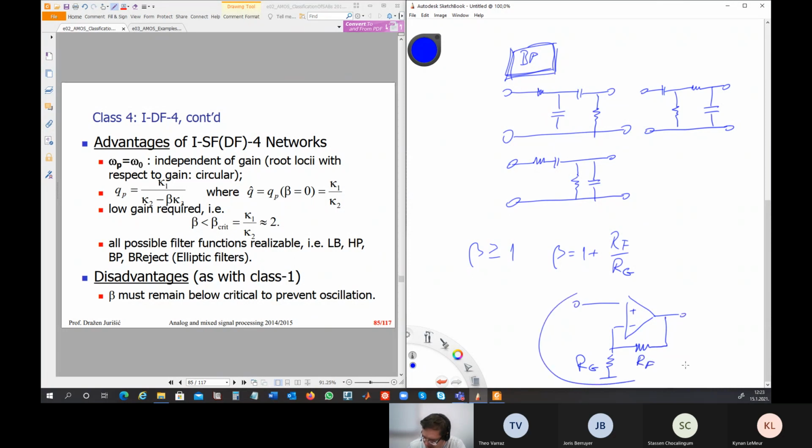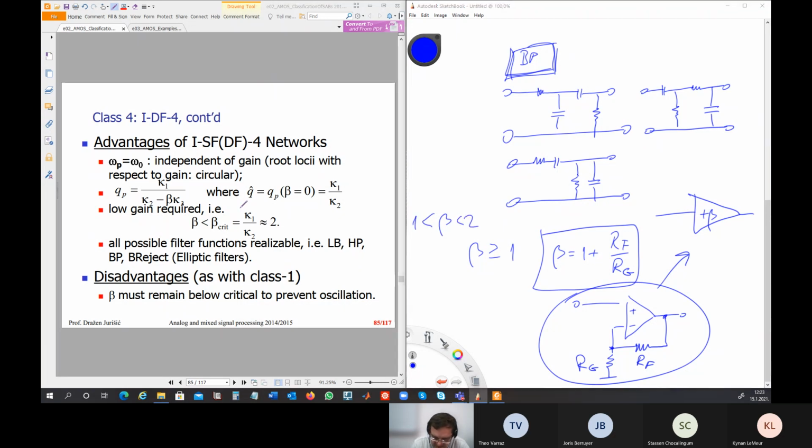So this can be replaced by beta plus, and beta is, because of this equation, larger or equal to unity. And we will see that we need beta between 1 and 2, maybe, because this is beta critical, here is 2.